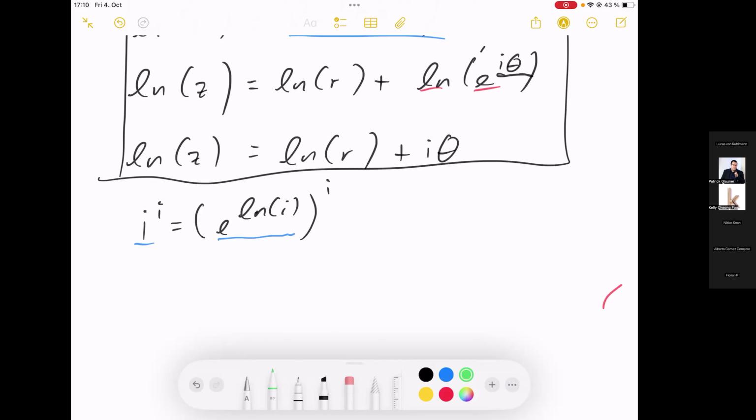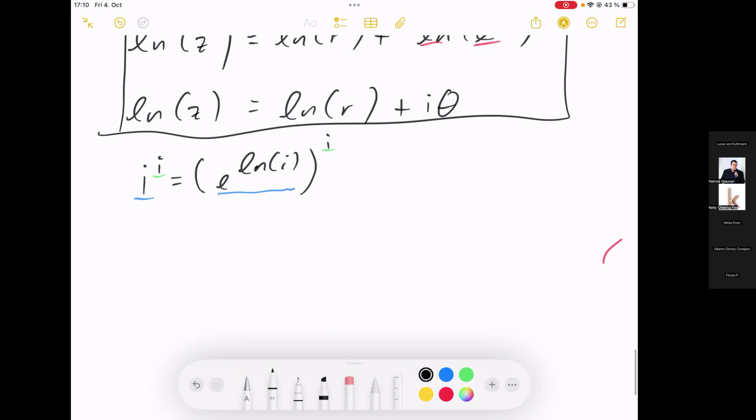And then I still have this i here. And I can move this down concretely here. So we can try this out. It's e to the i of ln i.